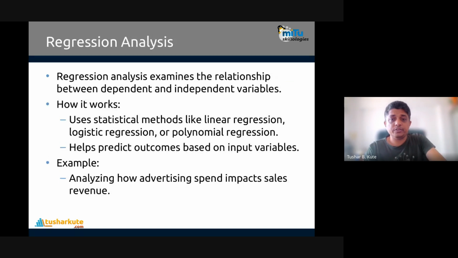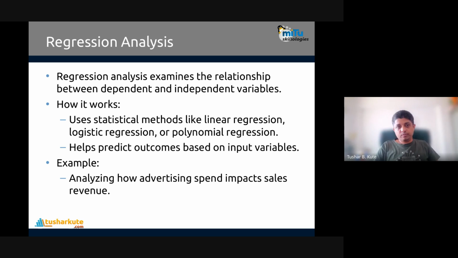Next, regression analysis. Regression analysis primarily comes under predictive analytics. It examines the relationship between dependent and independent variables. I hope you have learned about linear regression, multiple regression, logistic regression, different kinds of methods. The common one is linear regression. If two things are linearly connected, it means that if one is growing, the other is also growing proportionally.